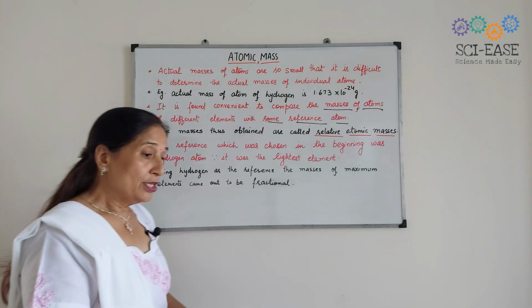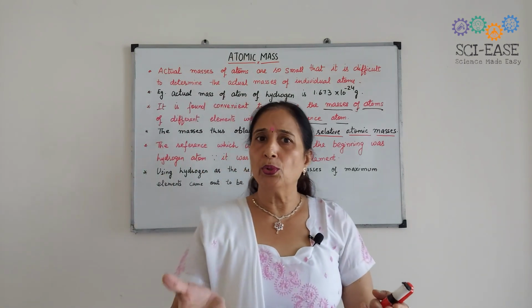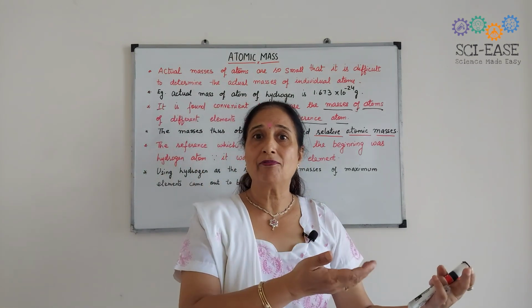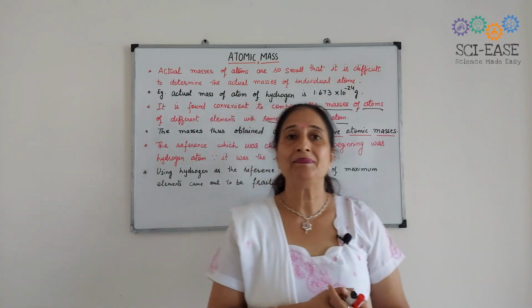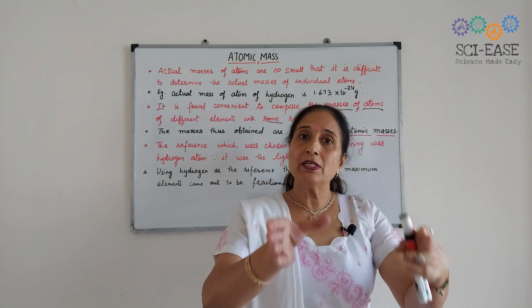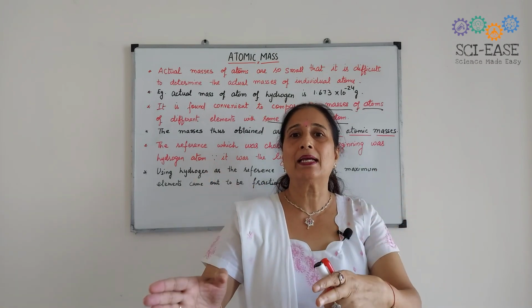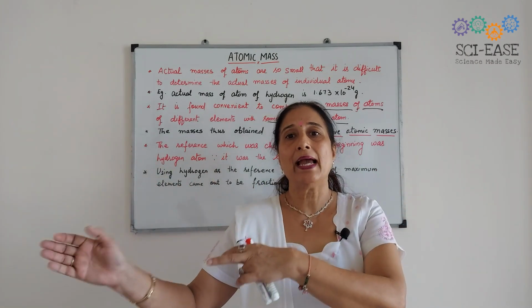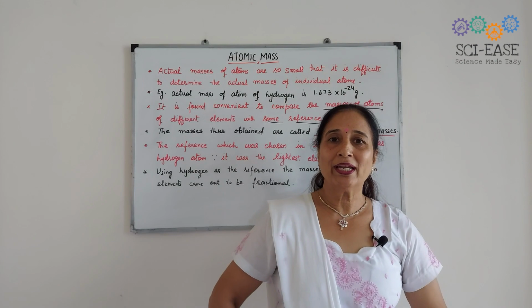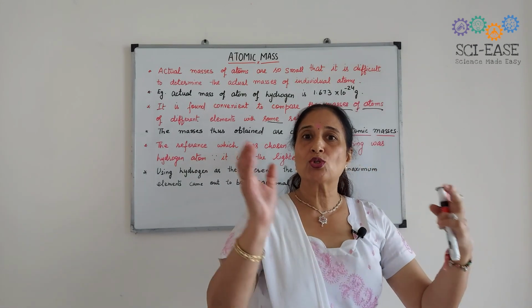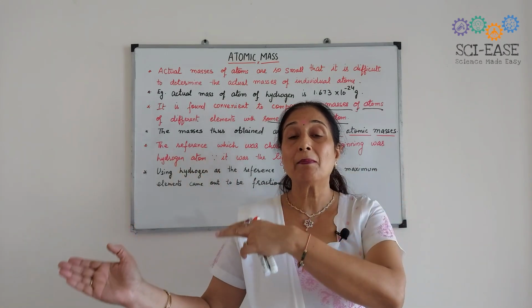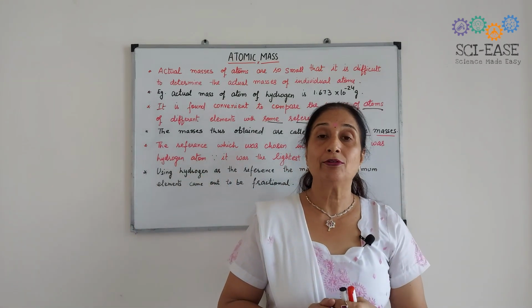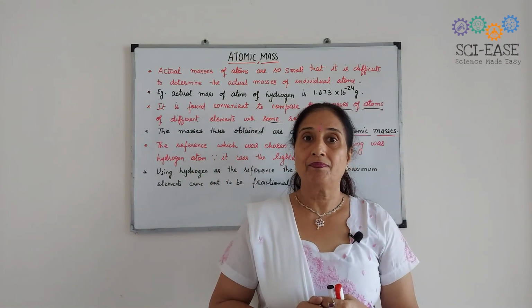You know that hydrogen is the first element of the periodic table and it has a small atom. So first of all, hydrogen was taken as a reference element. The masses of atoms of each element were compared with the hydrogen atom.